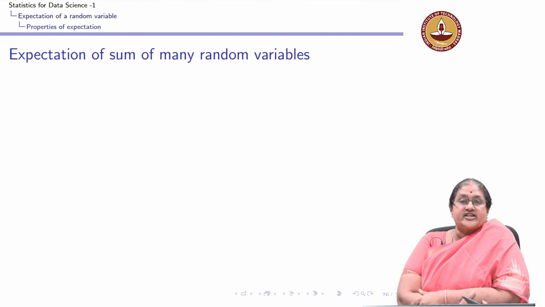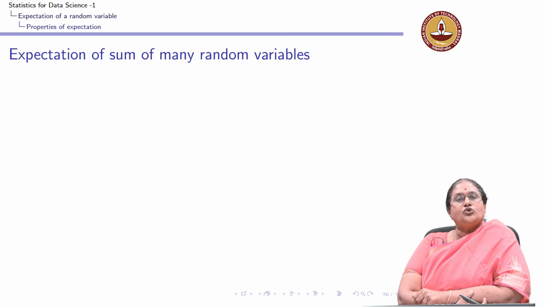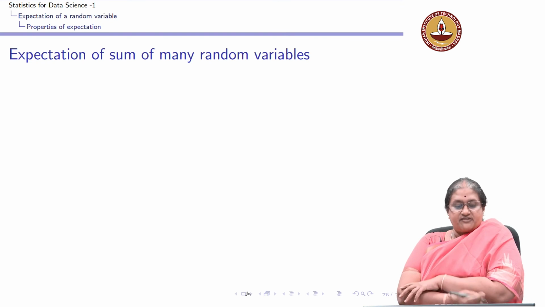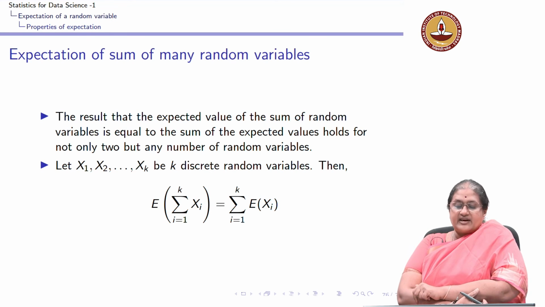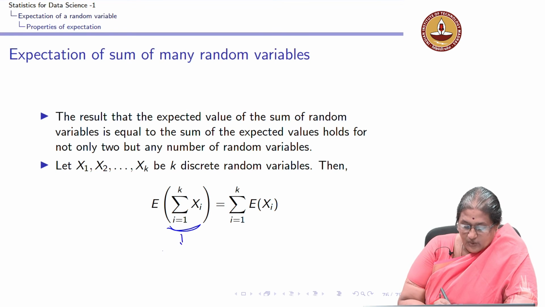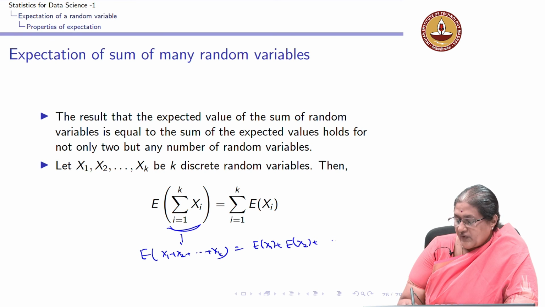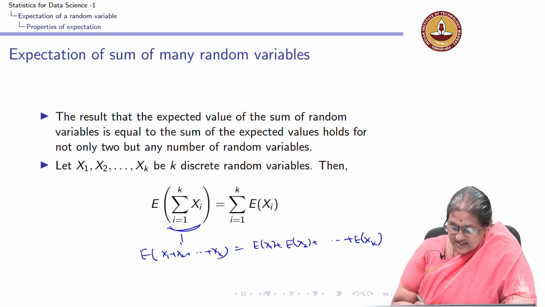What is the property? Expectation of sum is sum of expectations, for more than 2 variables. In other words, if I have x1, x2, up to xk discrete random variables, then the expectation of the sum x1 plus x2 up to xk is equal to expectation of x1 plus expectation of x2 up to expectation of xk. When k equal to 2, it would reduce to what we have discussed earlier.